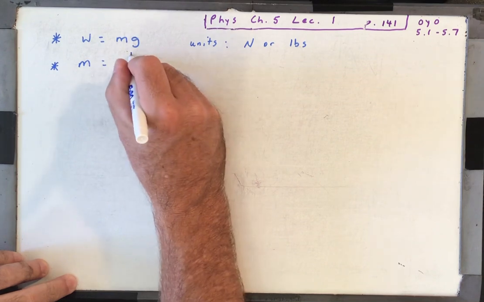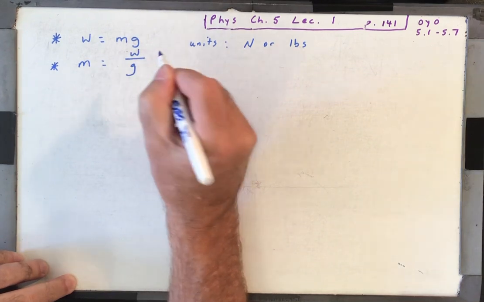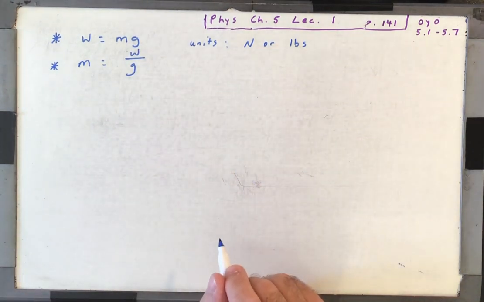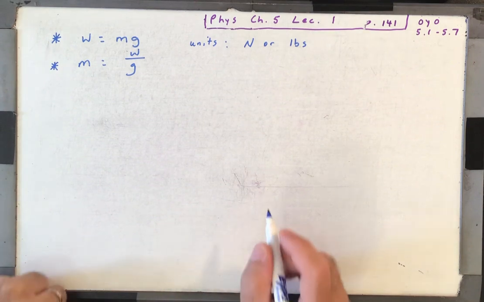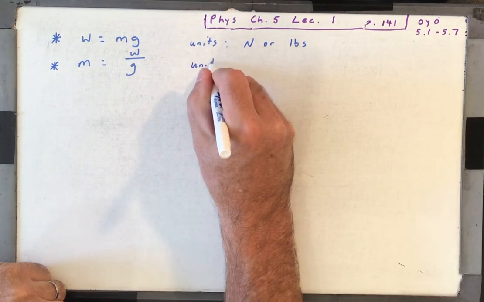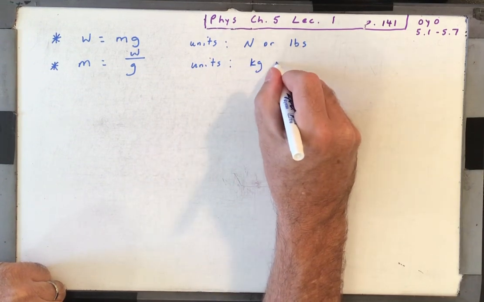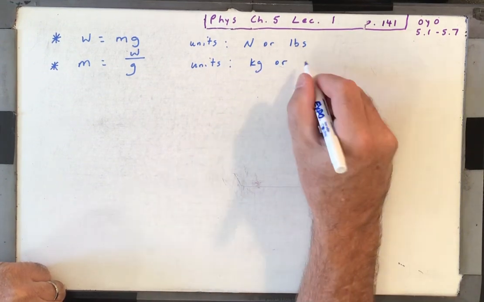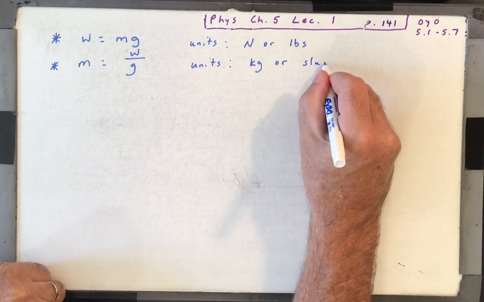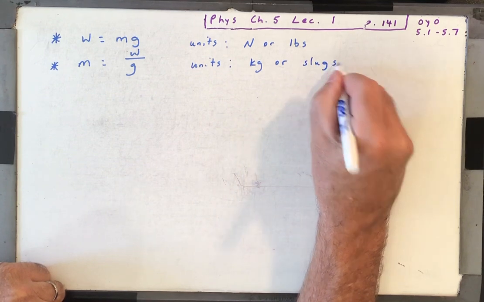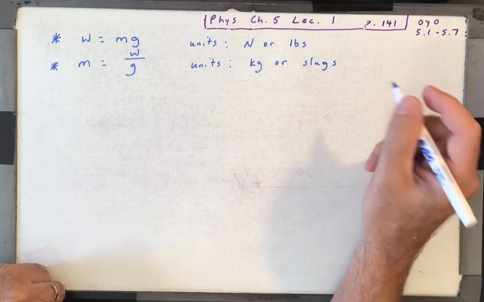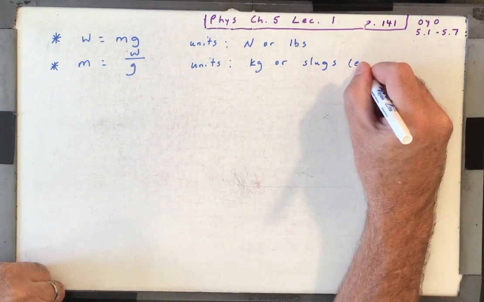Mass is equal to weight divided by gravity. All right, mass units are kilograms if you're metric, or this is one that I introduced you to actually in chemistry, slugs if you're in English.